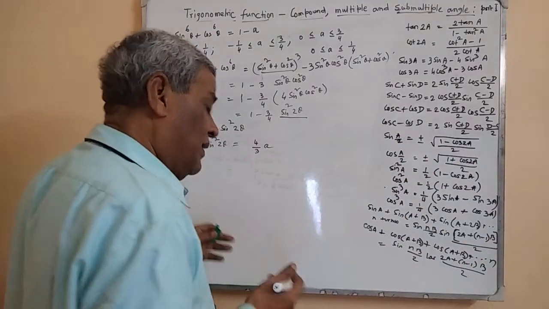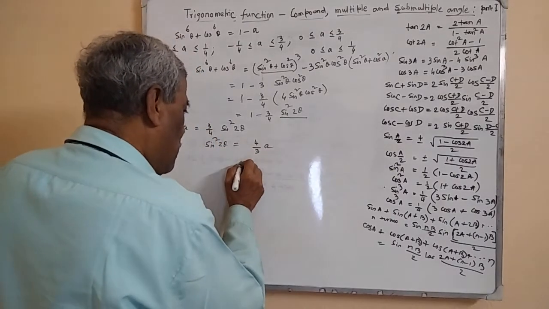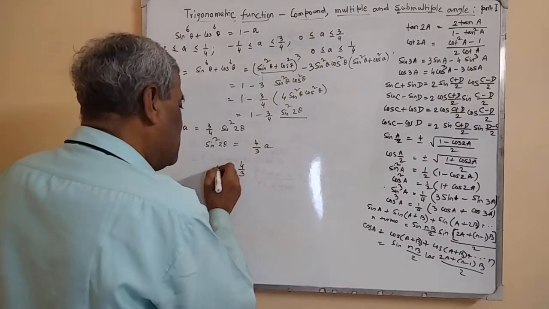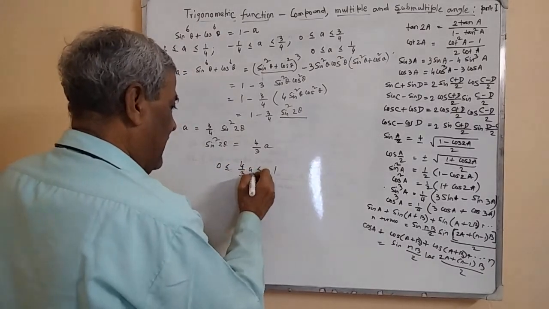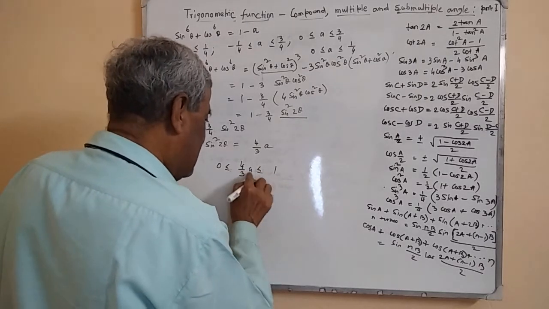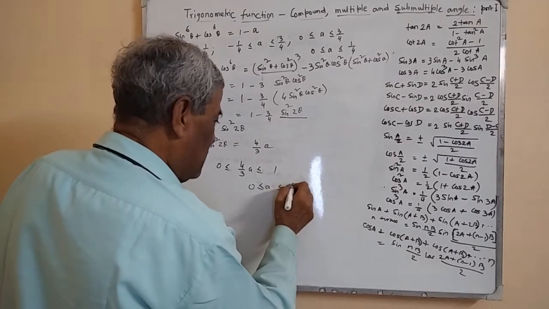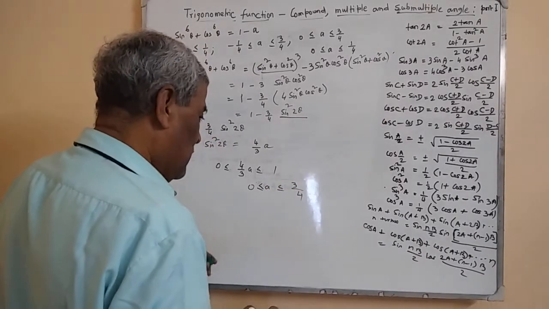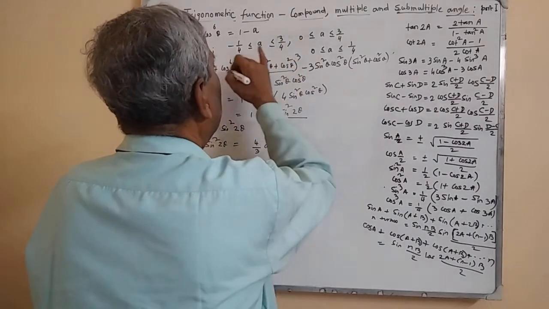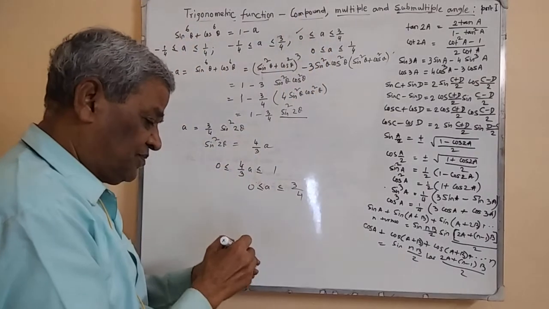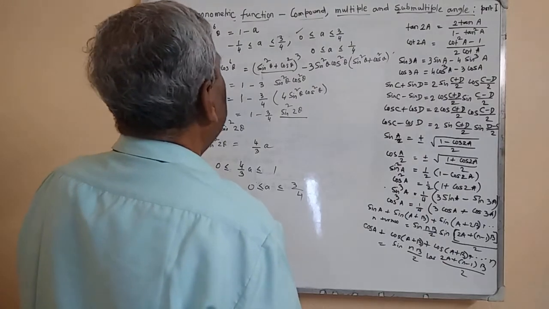But sine square lies between 0 and 1. So 4 by 3 a lies between 0 and 1, so a is between 0 and 3 by 4. This option is correct. So the third option is correct.